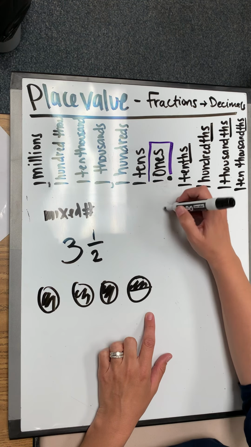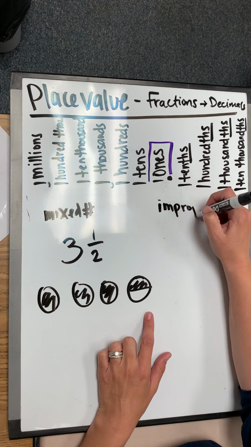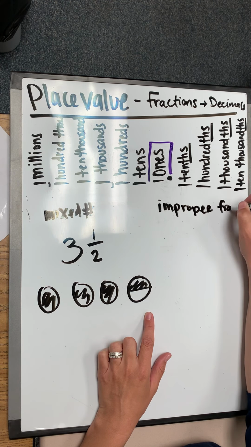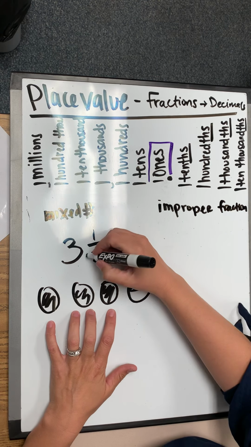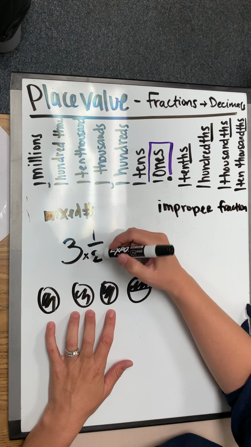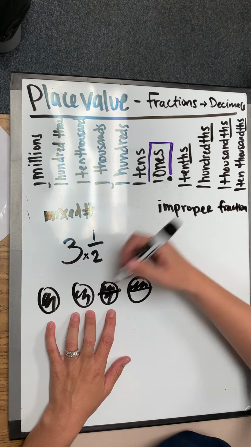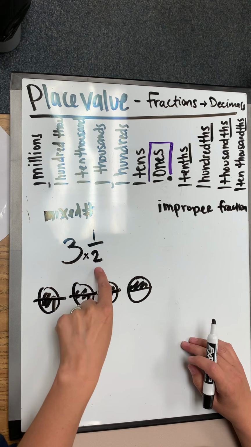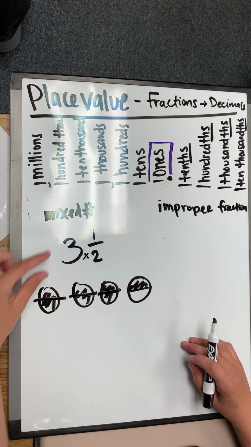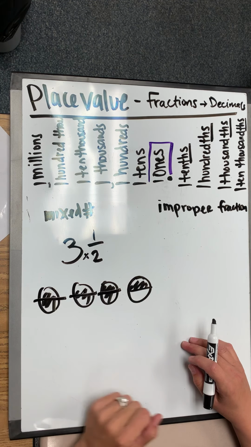To get it into an improper fraction, what we need to do is we need to take these 3 wholes and cut them up into two slices each. So we would cut there, we would cut there, and we would cut there. So that is why you take the denominator and you times it by the whole number. You're actually cutting up into that many slices.